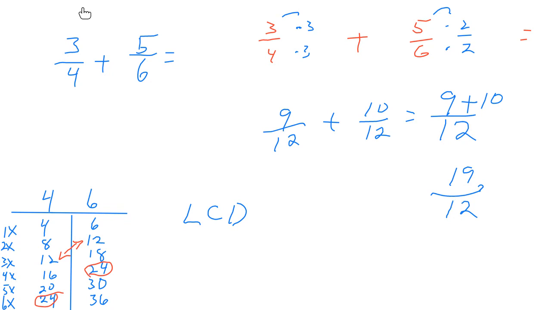Let me do one more. So we've got 6 fifths plus 4 thirds. Okay, I'm still going to do the factoring method, just to double check and find the least common. If I multiply, I see a common denominator is 15.